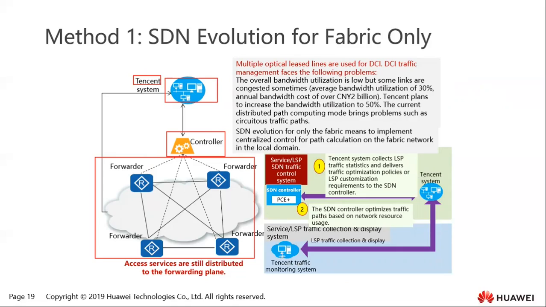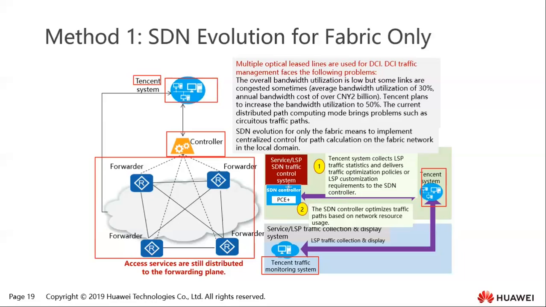So in your network, you have traffic monitoring systems. These traffic monitoring systems are able to alert your machine. Then the machine is able to communicate with the controller. The Tencent system collects LSPs and traffic statistics, and delivers traffic optimization policies, or LSP customization requirements, to the SDN controller. So your device is simply collecting all those statistics from the network.